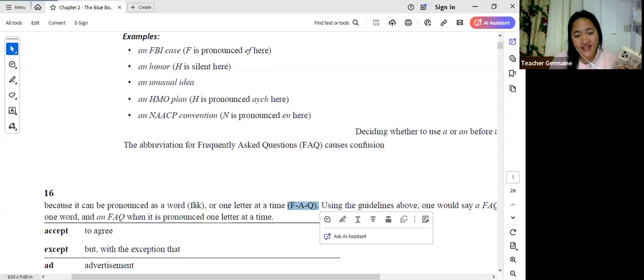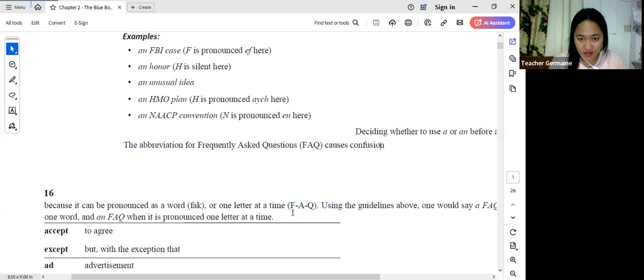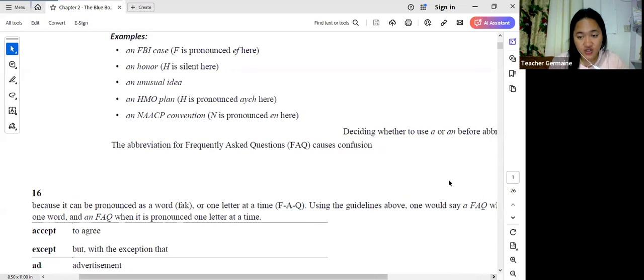But what if we say "fack"? If we read or pronounce it as a word, we say "fack". If we say "fack", what are we going to use, "a" or "an"? We are going to use "a".